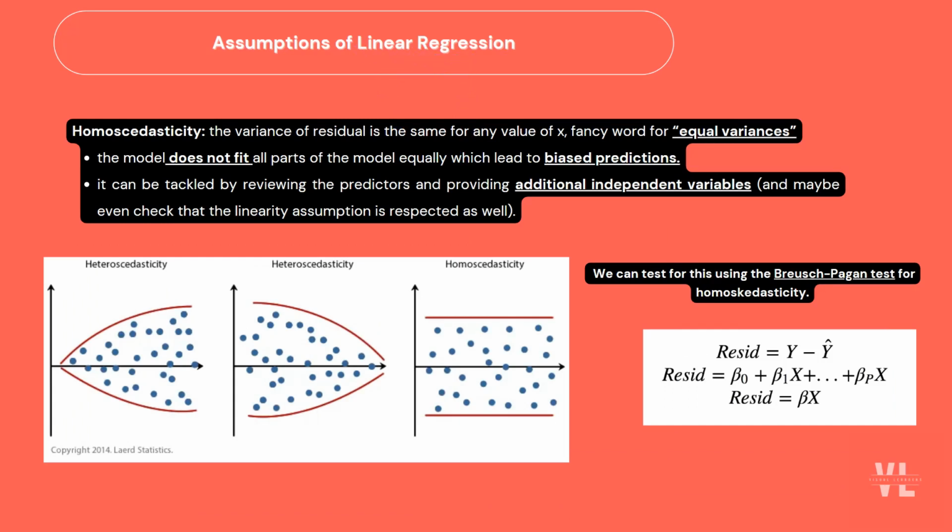If we think that the data distribution requires a linear regression model, then we need to consider these 4 concepts before we start using it. To solve the final assumption, homoscedasticity, we could provide additional independent variables, or check the other assumptions which might lead to the problem.